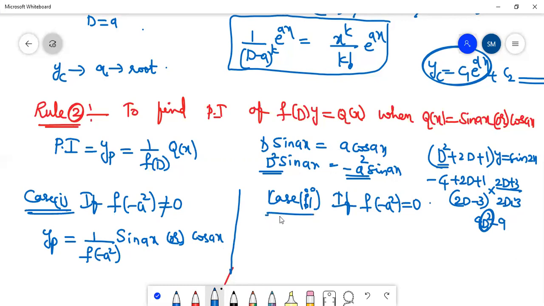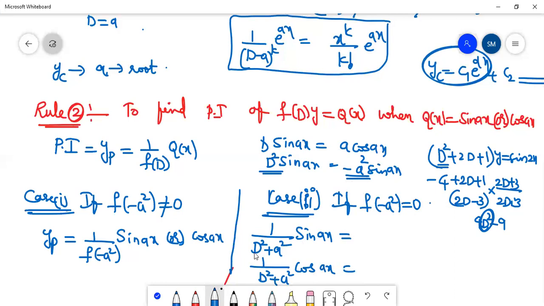In the case 2, if the function of minus a square equals 0, that is, d square is replaced with minus a square and it becomes 0, then one factor is d square plus a square, with sine ax or 1 by d square plus a square with cos ax.